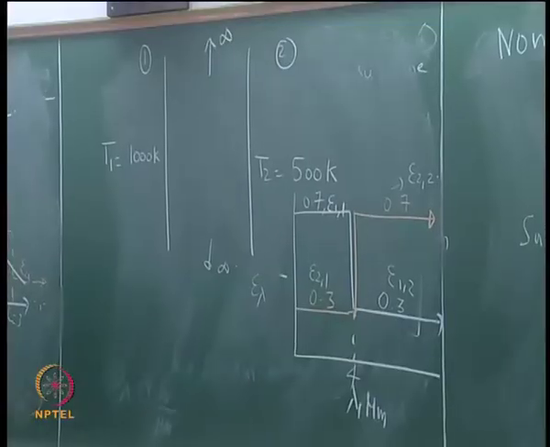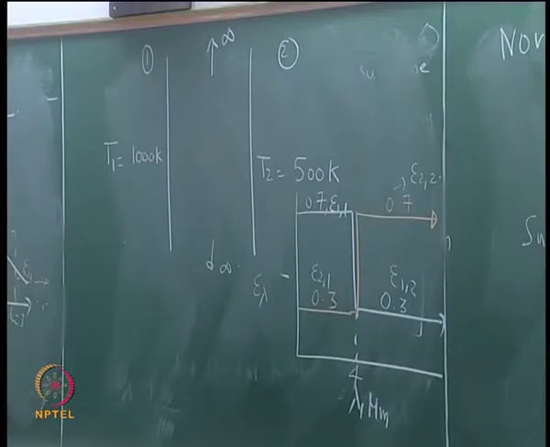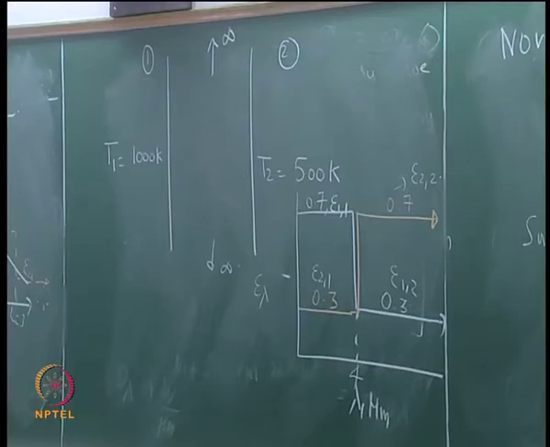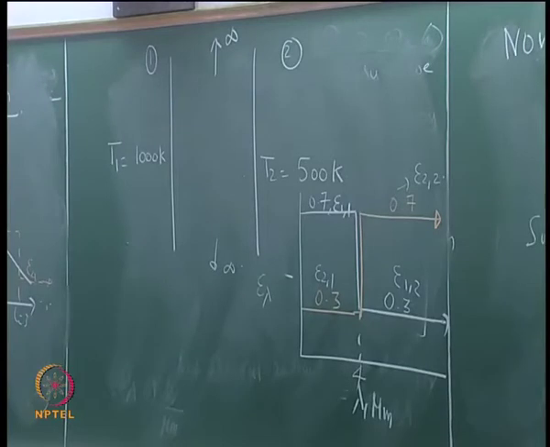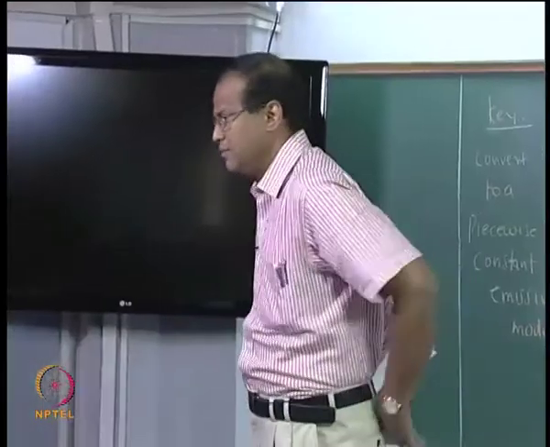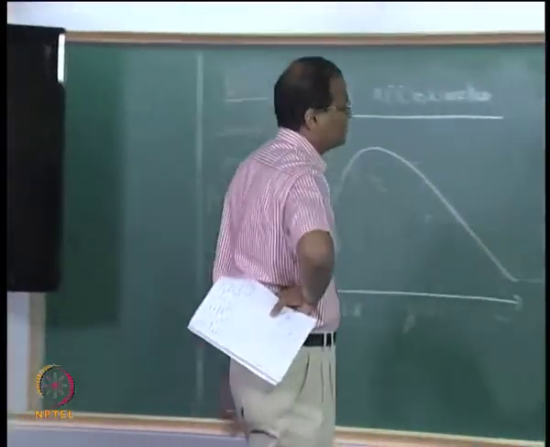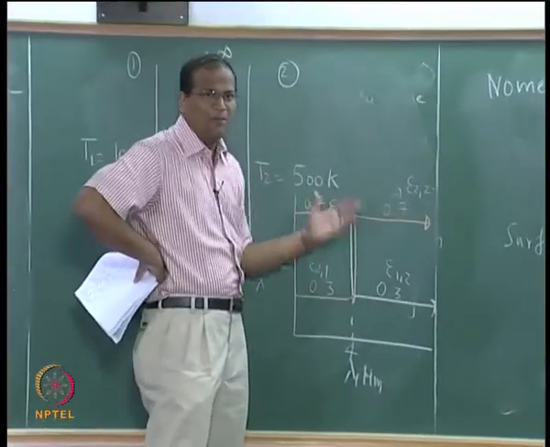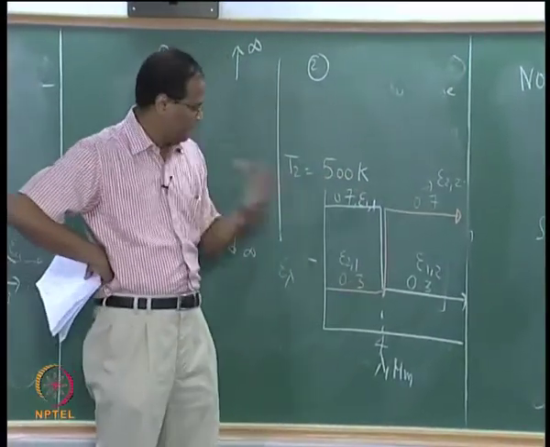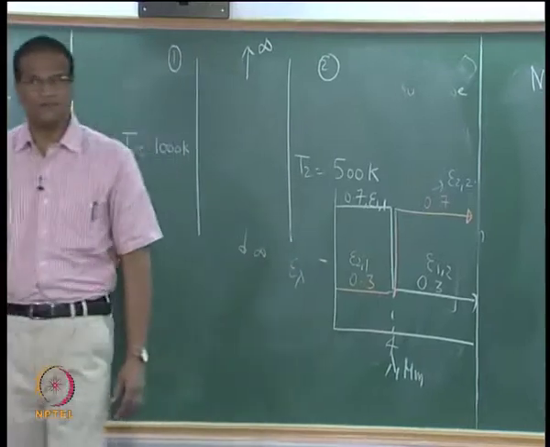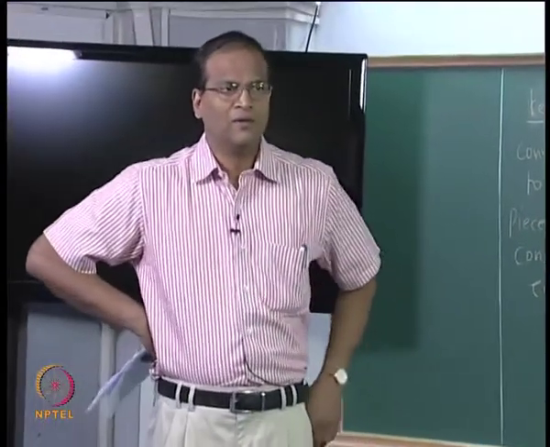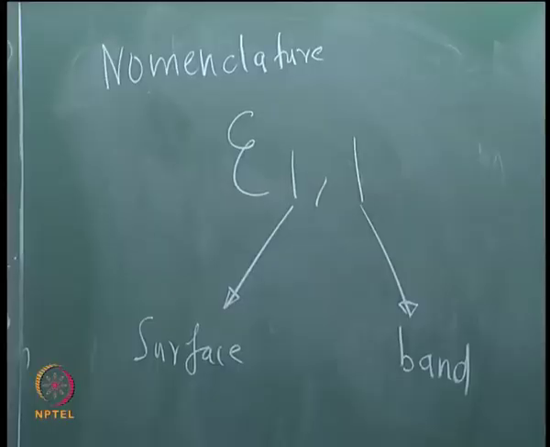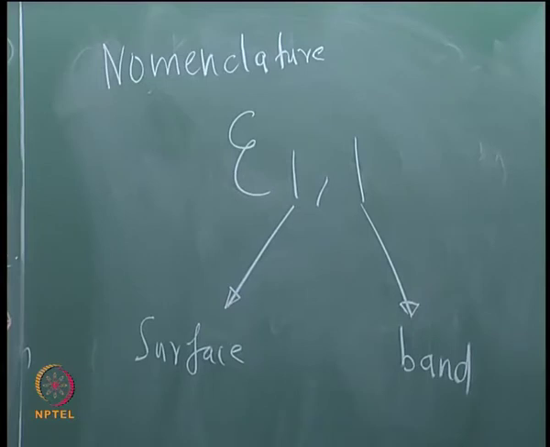That is the nomenclature I am using. Is that correct? First surface first band is 1 1, first surface second band is 1 2, second surface first band is 2 1. Same thing, I have made the matter simple, it is just a mirror image of that: 0.7, 0.3, 0.3, 0.7. Beyond 4 micrometer it is proceeding to infinity as a constant value.